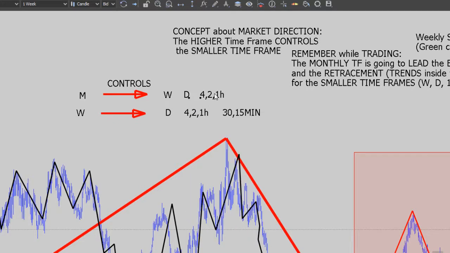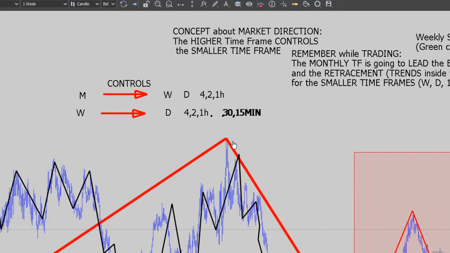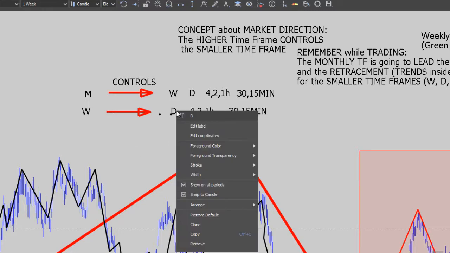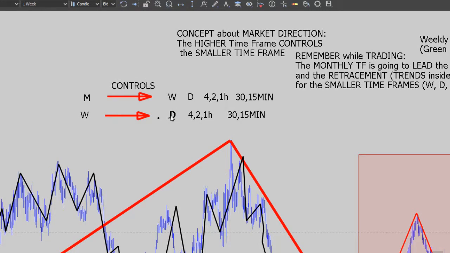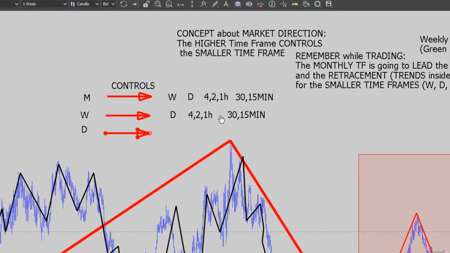Clone, right? Take a screenshot of this, everybody, and put it in front of your screen. I mean your trading station. Now the daily is going to control the smaller time frames. What are the smaller time frames?